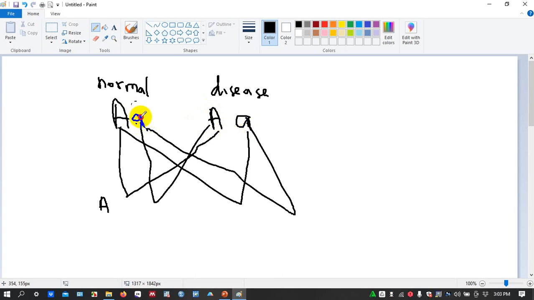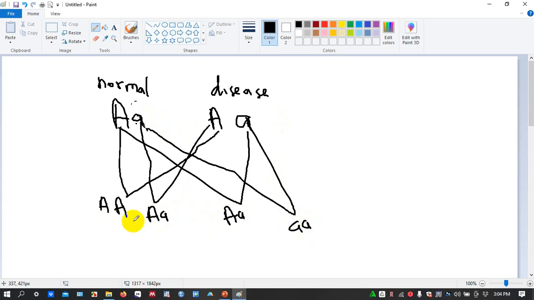Small a means the disease. Capital A means normal. So this one will cross with this. So we have AA. This one also A, small letter a. A, small letter a. And here is small letter a, small letter a.